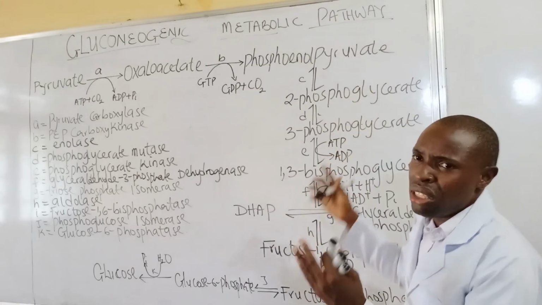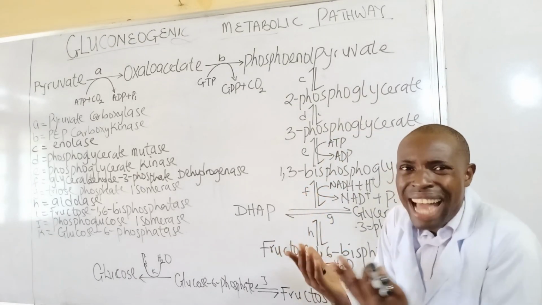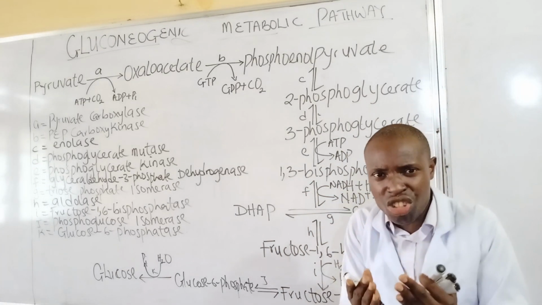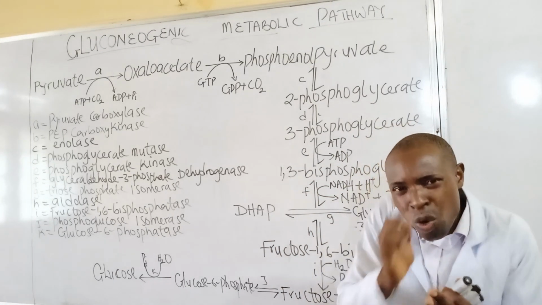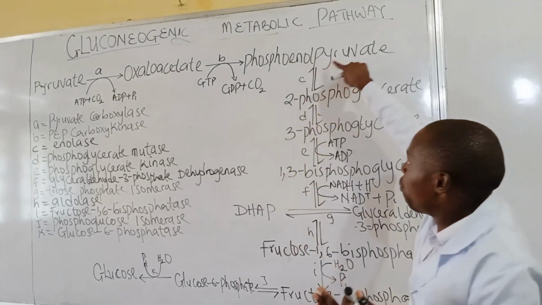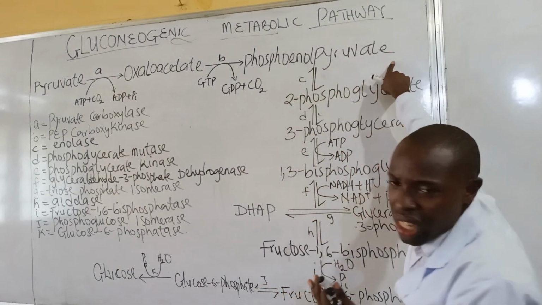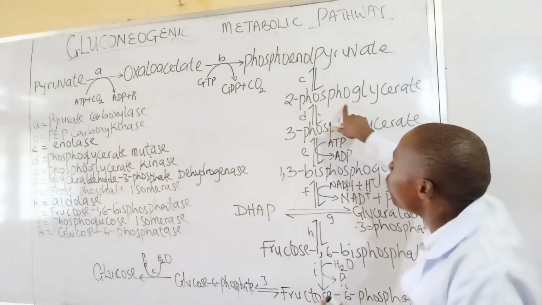Now we move to the steps that connect gluconeogenesis with the glycolytic pathway. The first one is from phosphoenolpyruvate to 2-phosphoglycerate.